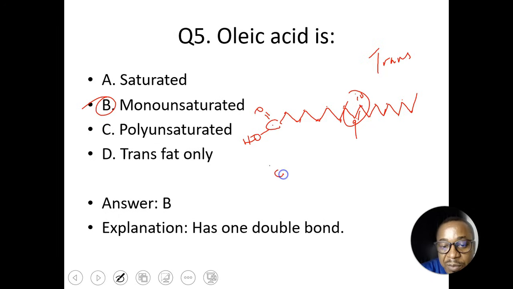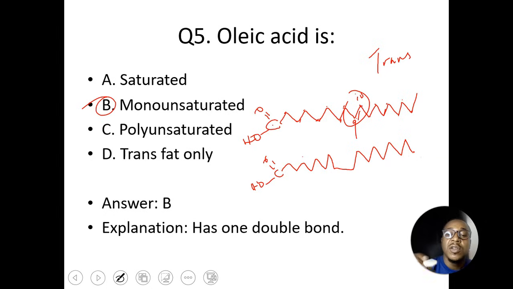If we have the same fatty acid, 1, 2, 3, up to 9, this is 9, this is 10, so the double bond is here, then 11 up to 18. So this kind of bond is called a cis bond.